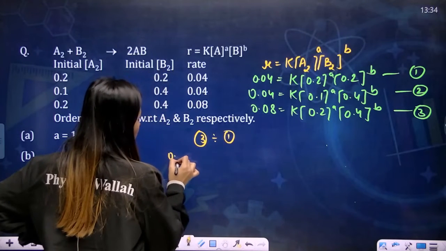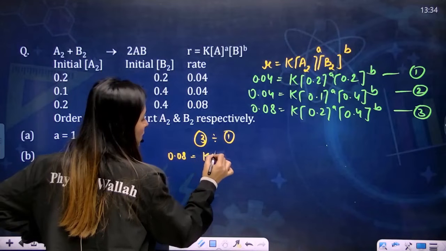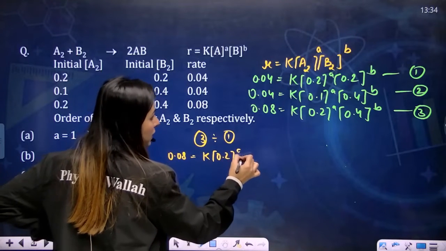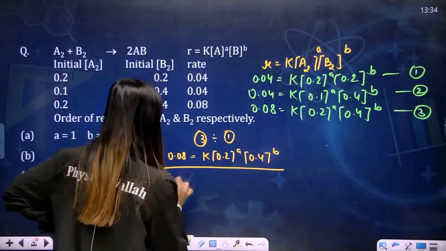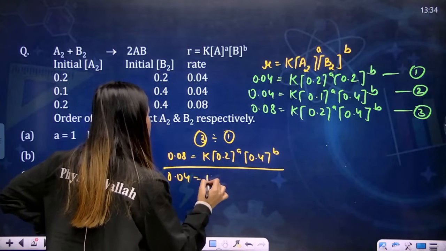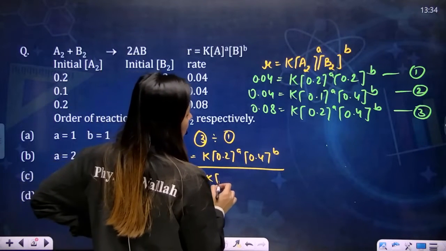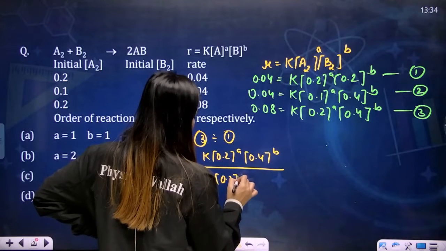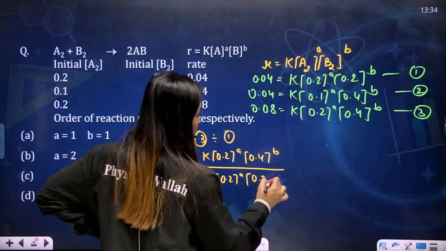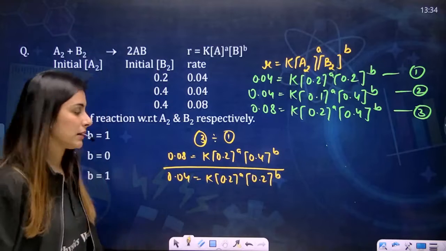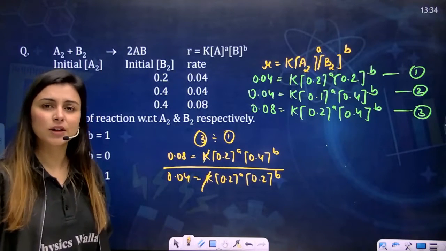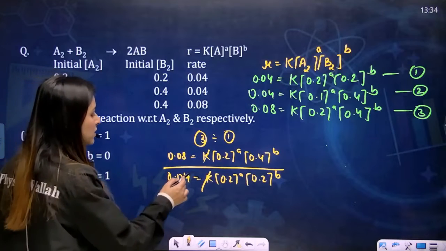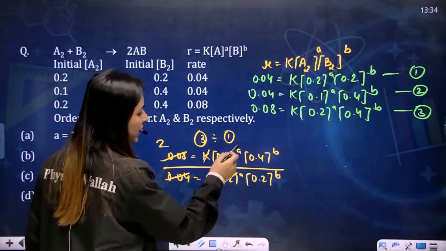You will get 0.08 equals K, 0.2 raised to the power A, 0.4 raised to the power B, divided by 0.04 equals K, 0.2 raised to the power A, 0.2 raised to the power B. K will be cancelled because as long as the temperature is not changing, the rate constant will not change. So this will be 1, this will be 2, and this whole part cancelled out.